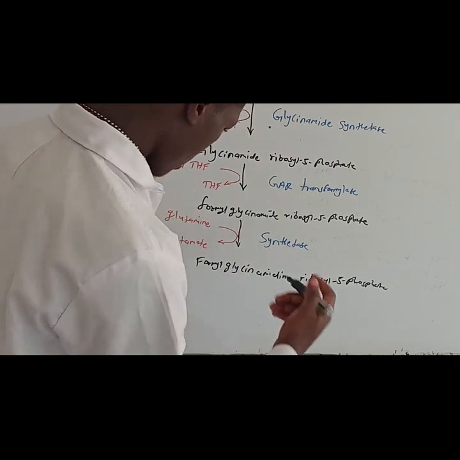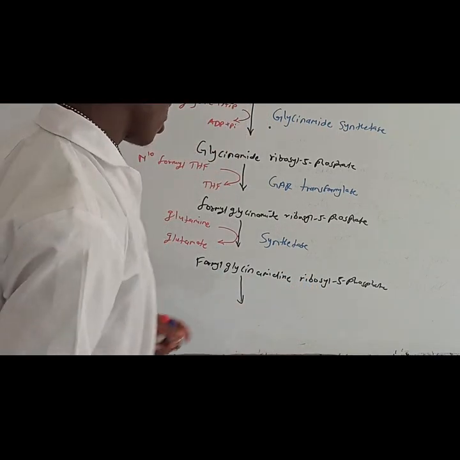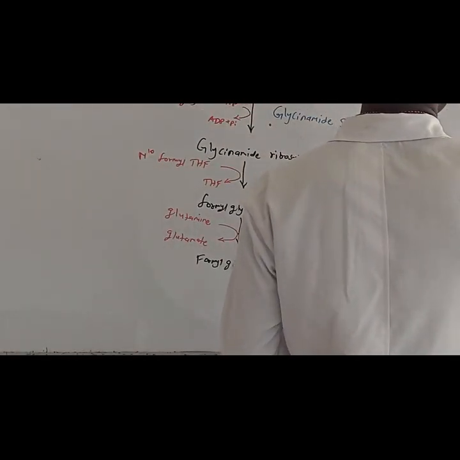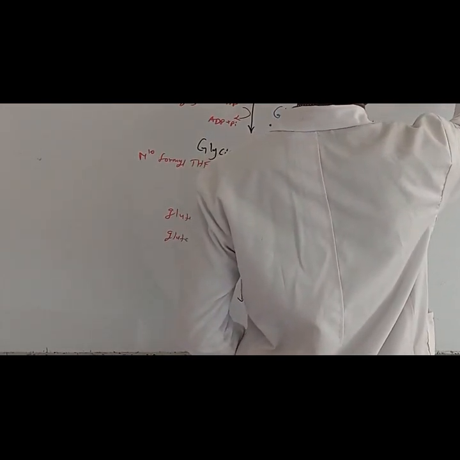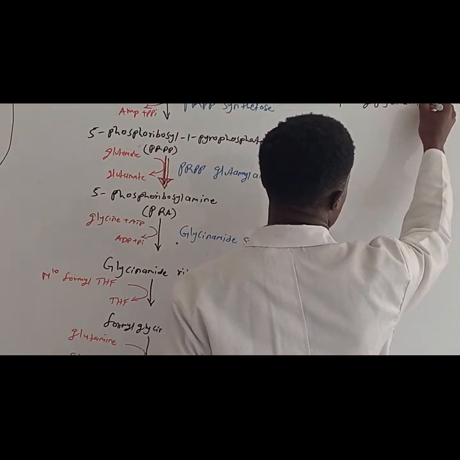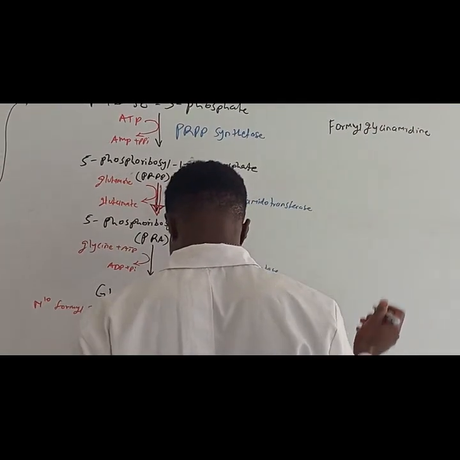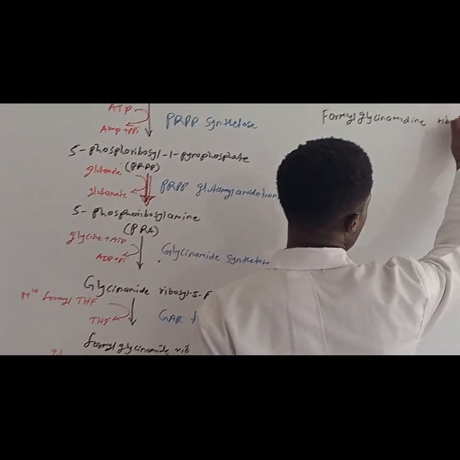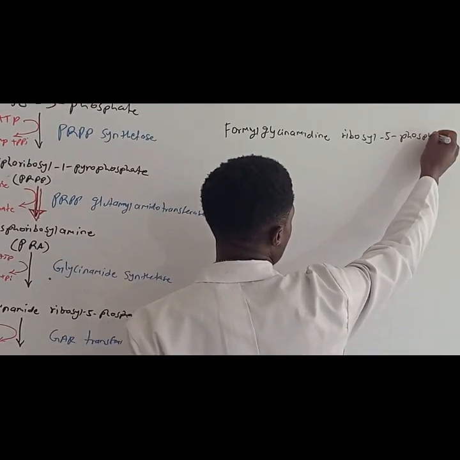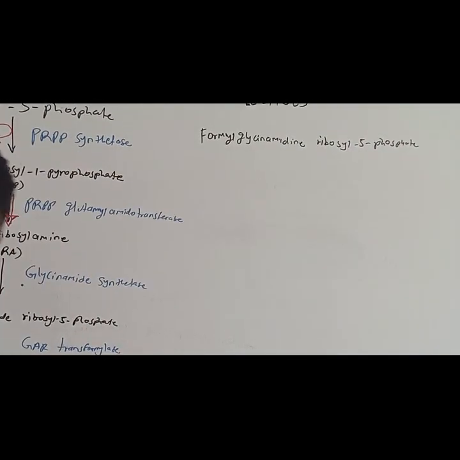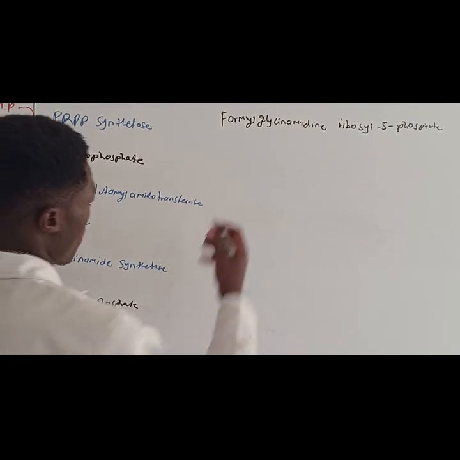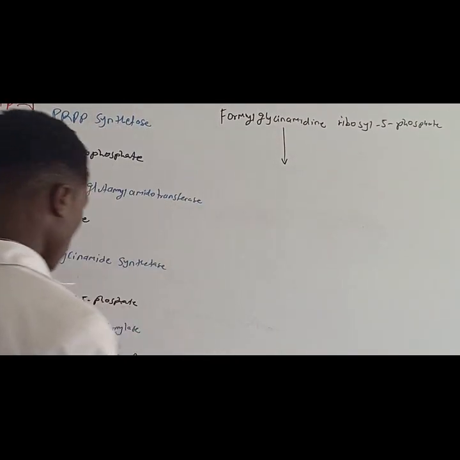So here we are, formyl glycinamidine ribosyl 5-phosphate. That one is going to be converted to a new molecule.